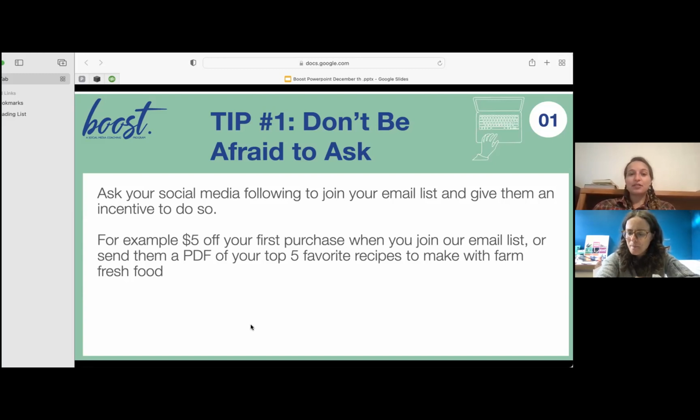So an example of this could be if you have on your Facebook page, perhaps, a lot of people liking your posts, or it's something you're actively engaged with, when you have a post that gets a lot of engagement, make a comment on that post and say, thank you so much for liking this post and being excited about it.